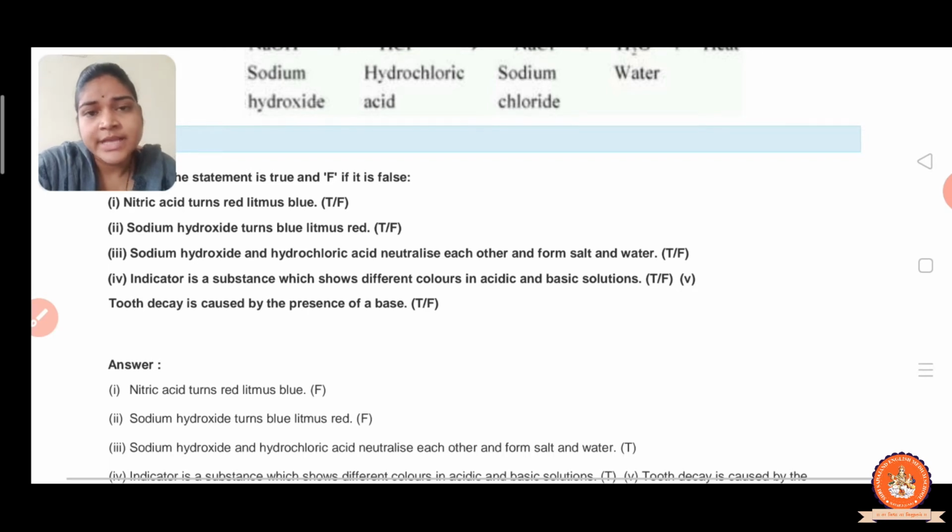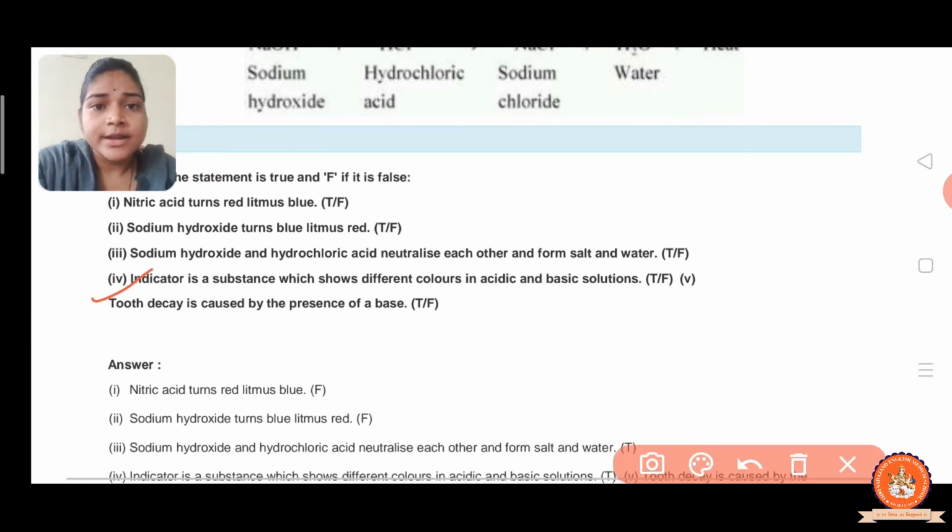Yes, acid and base react with each other, and at that time they form salt and water. So the answer is right. It means true.